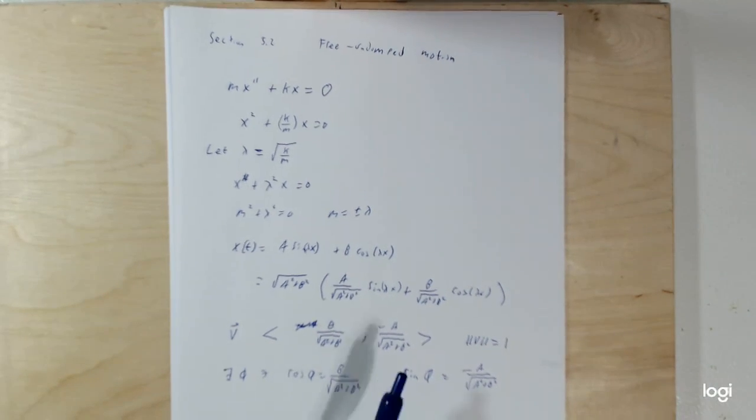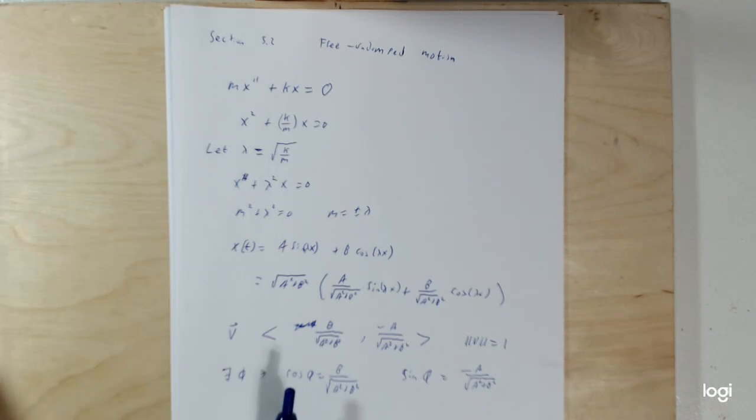Because any point on the unit circle has an angle associated with it, and the cosine of that angle is going to be the x-coordinate, and the sine of the angle is going to be the y-coordinate.